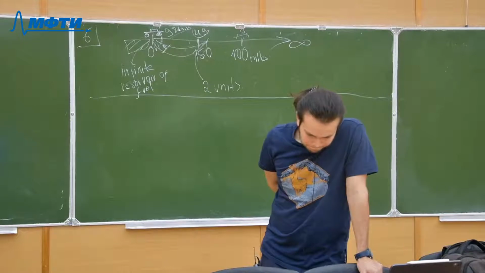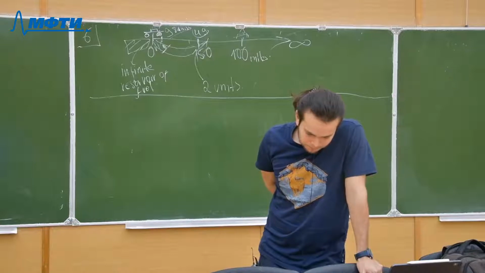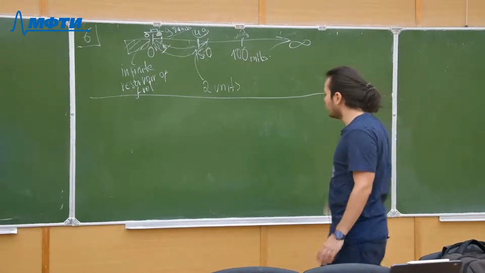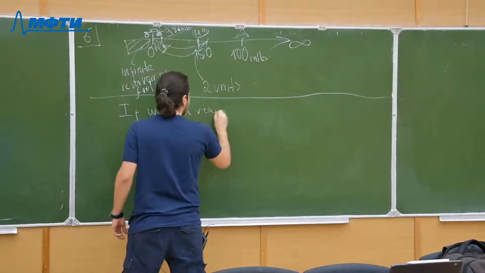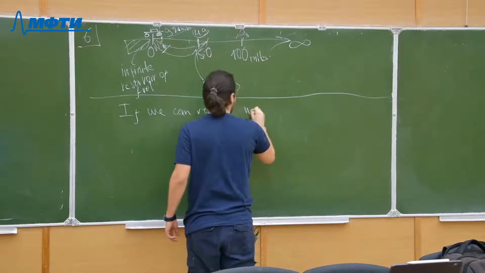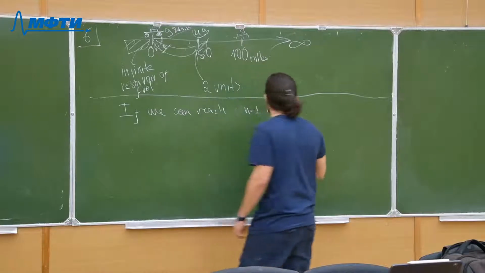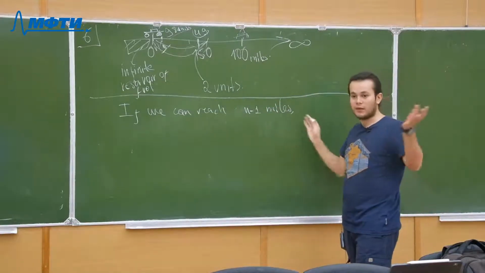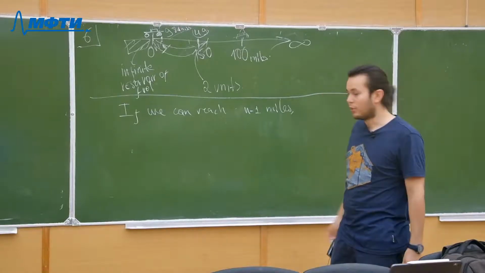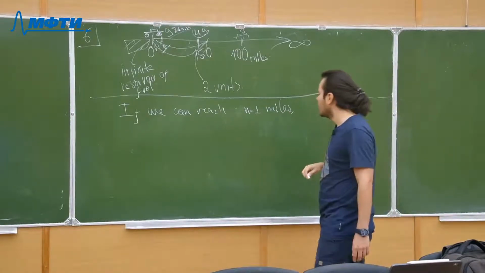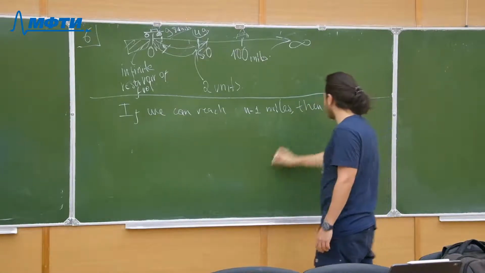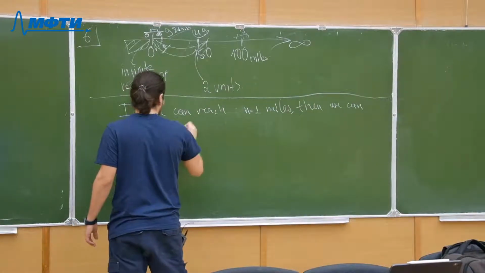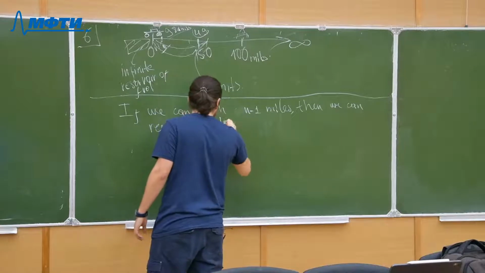Look, we have to prove that if we can reach n minus 1 miles, where n is any number, then we can reach n miles, right?